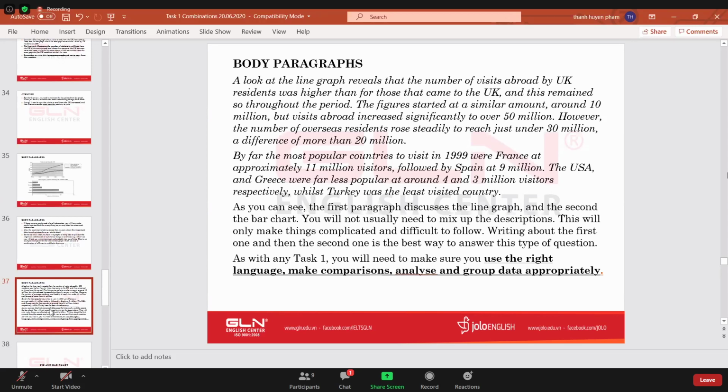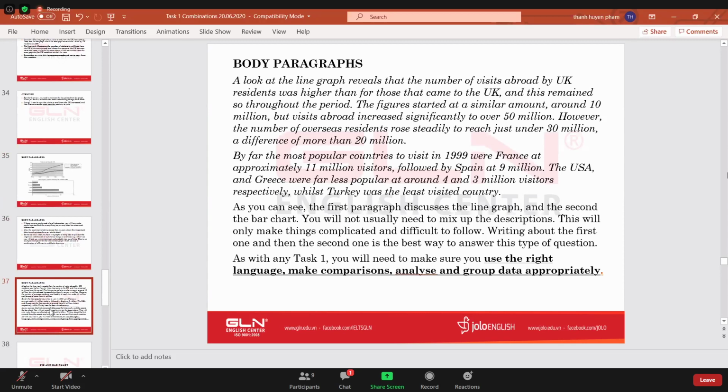First body paragraph: a look at the line graph reveals that the number of visits abroad by UK residents was higher than for those who came to the UK, and this remains so throughout the period. The figures started at a similar amount, around 10 million, but visits abroad increased significantly to over 50 million.